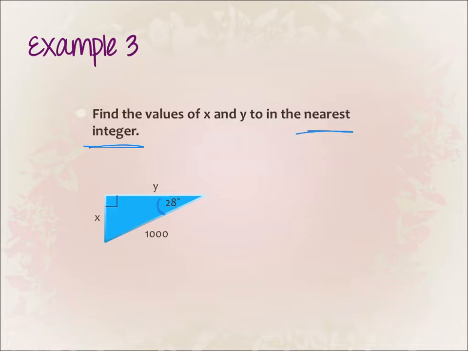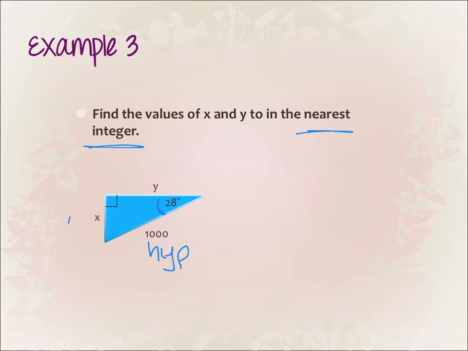So now, I can do different trig functions here to find these values. But let's go ahead and label the sides based on the 28 degree angle. What is the hypotenuse? What on this picture? The 1,000. So I'm going to label this as hypotenuse. Okay? In relation to the 28 degree angle, what is x?